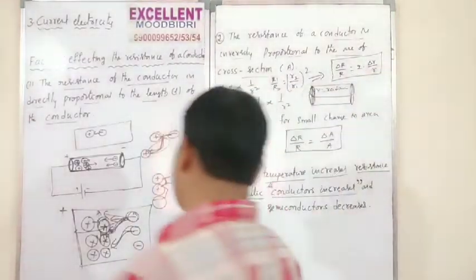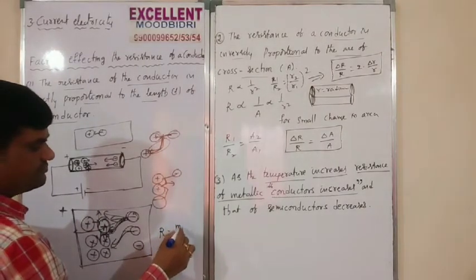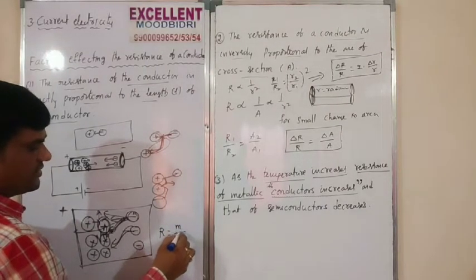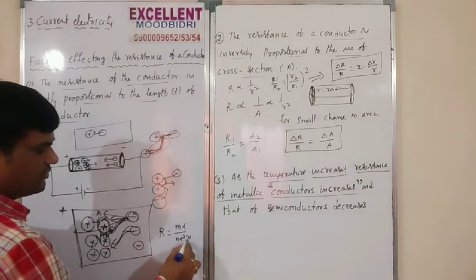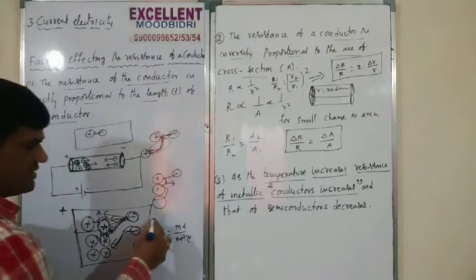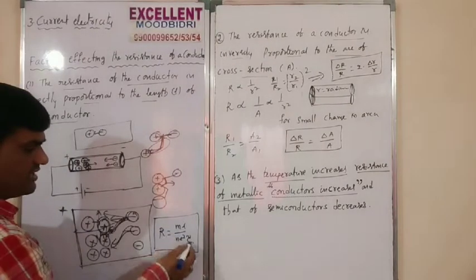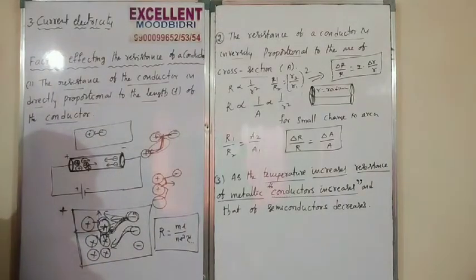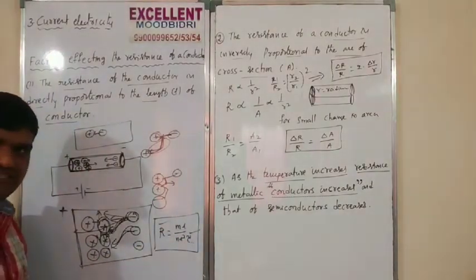R is equal to m L by N e square tau. From the formula deducing Ohm's law, R and relaxation time are inversely proportional. Resistance increases, so the relaxation time should decrease.